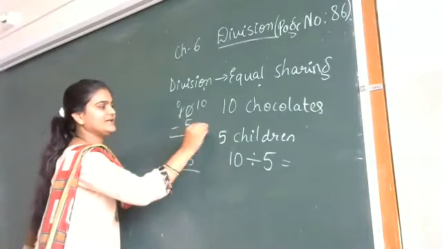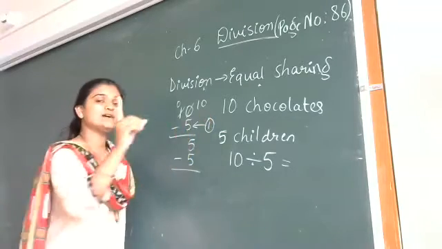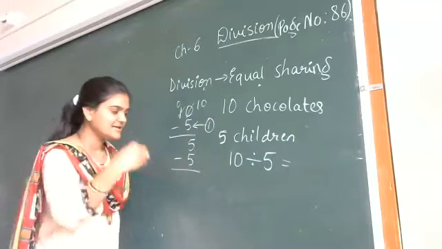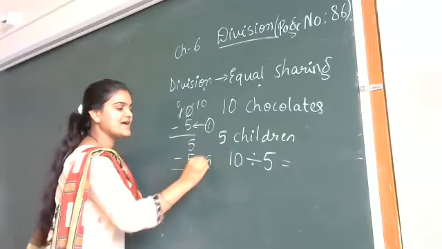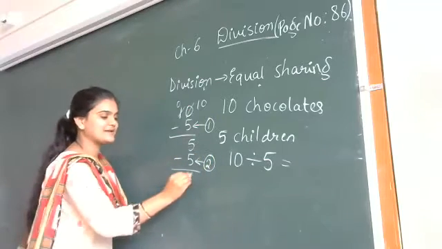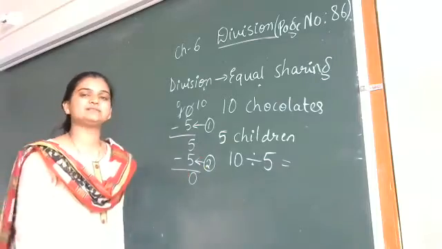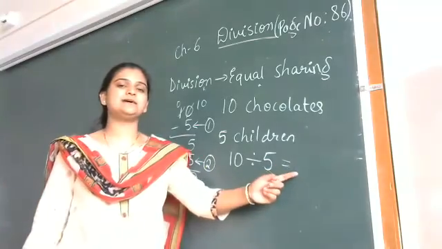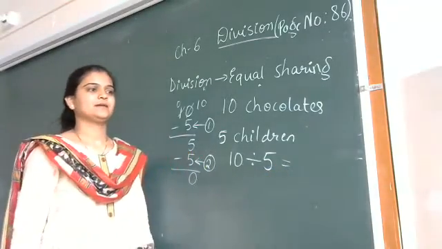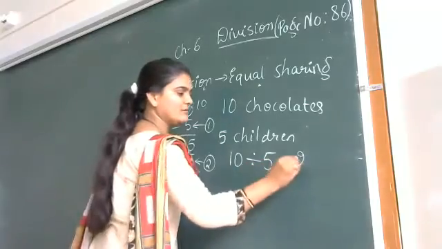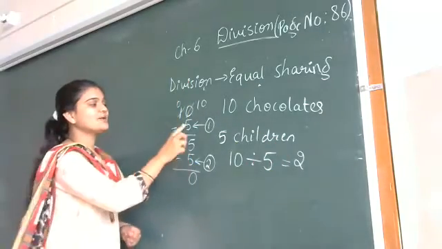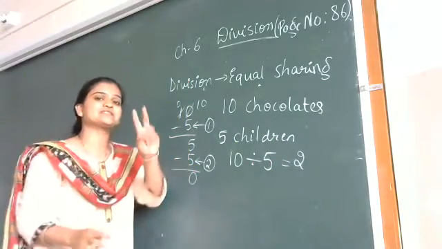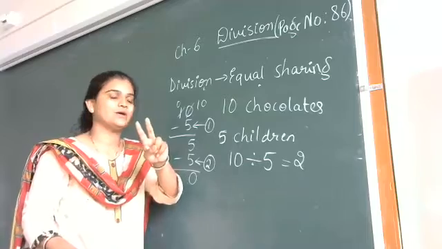Here it was our first subtraction. Next, this is our second subtraction: 5 minus 5 is 0. So what will be the answer here? 2. Why is it 2? Because we have done repeated subtraction 2 times.